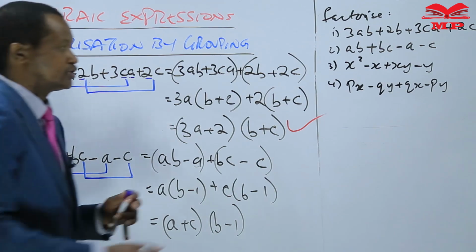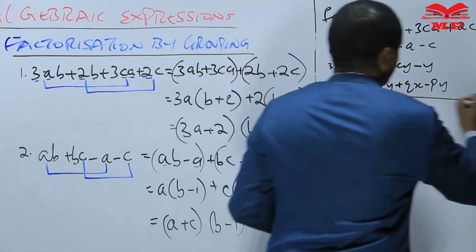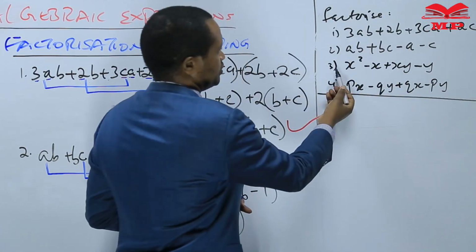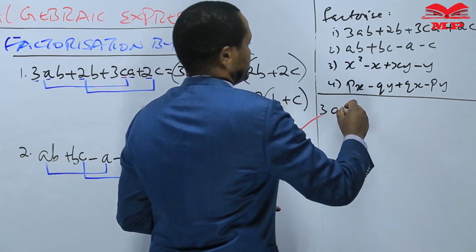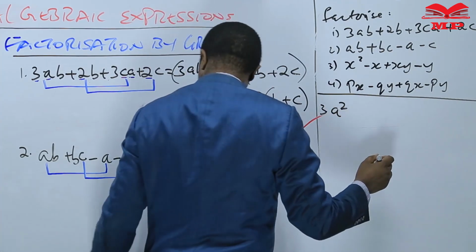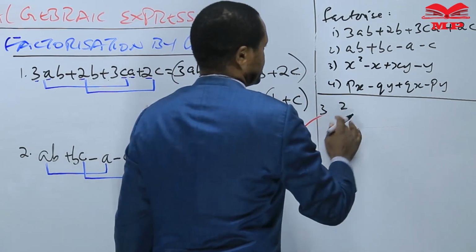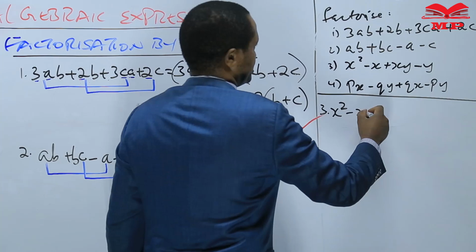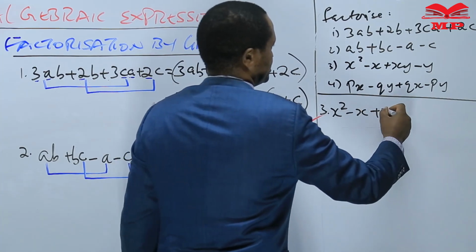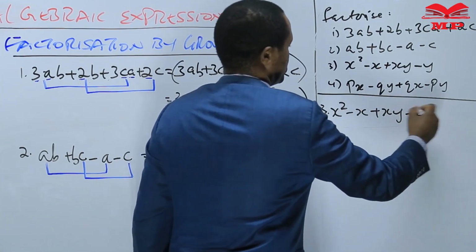Let us work out question number 3 here. Question 3: x squared minus x plus xy minus y.